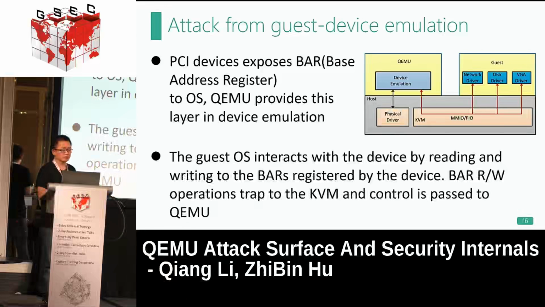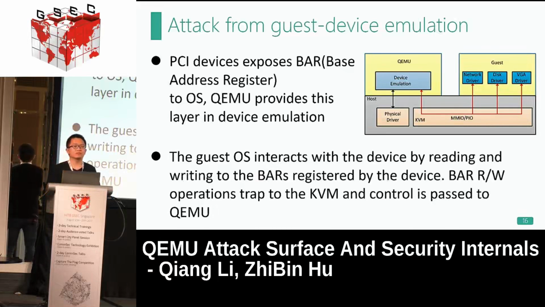So the guest OS interacts with the devices by reading and writing the BARs registered by the devices. In a virtualization environment, this operation will make the guest jump to KVM. And KVM recognizes this is an I/O event. It will dispatch this request to QEMU.